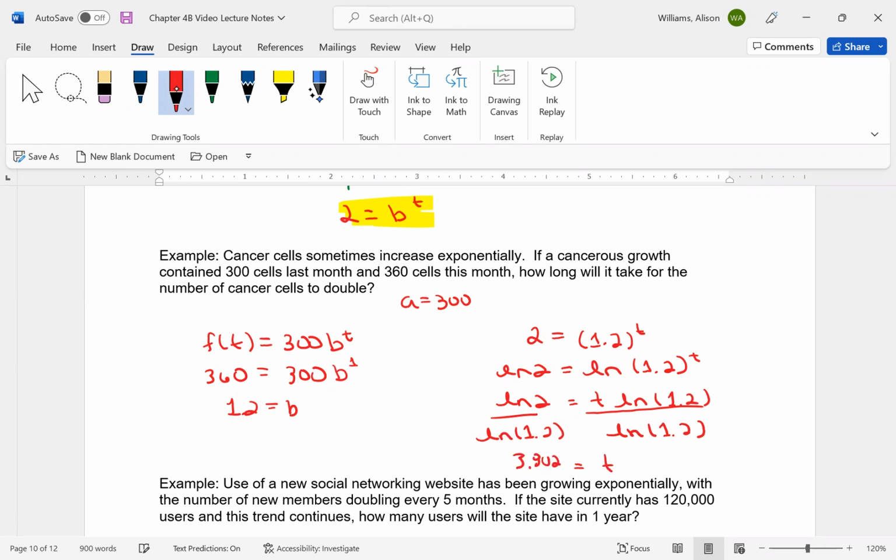And that would be months. So here, we'll just say 3.8 months. So in 3.8 months, the cancer cells have doubled. Wow, that's an aggressive cancer. And there you go.